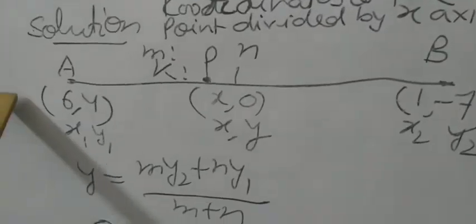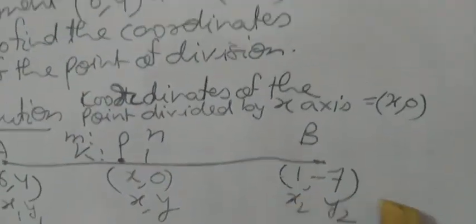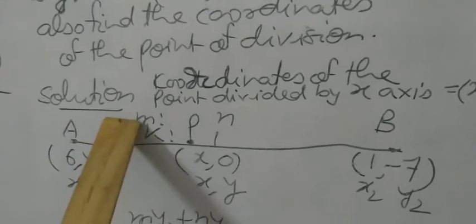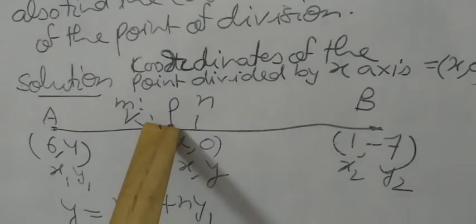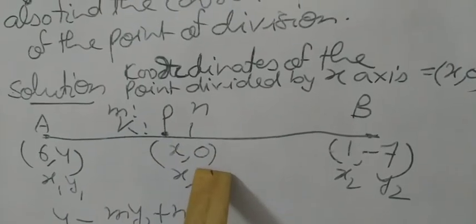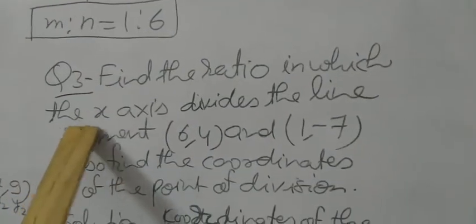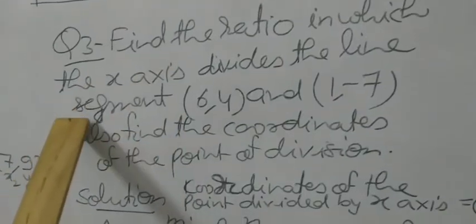Okay students, so I have drawn the line diagram. At A I have written first point 6, 4, at B I have written 1, -7 second point, and I have supposed the ratio k is to 1, and coordinate of point P I have taken x, 0, because the question asks to find the ratio in which the x-axis divides the line segment.